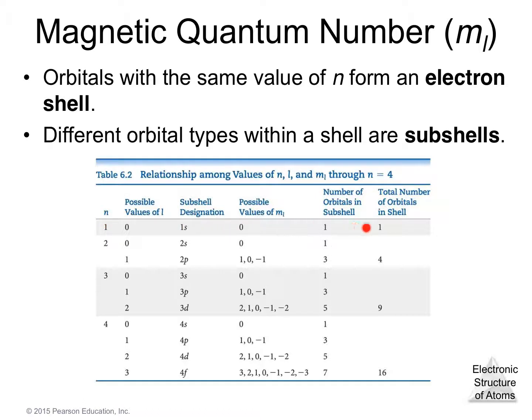So all of these are in the same electron shell. The different types of orbitals are often referred to as subshells. So these L values represent your different subshells. S, P, D, and F are the 4 different subshells that are available.